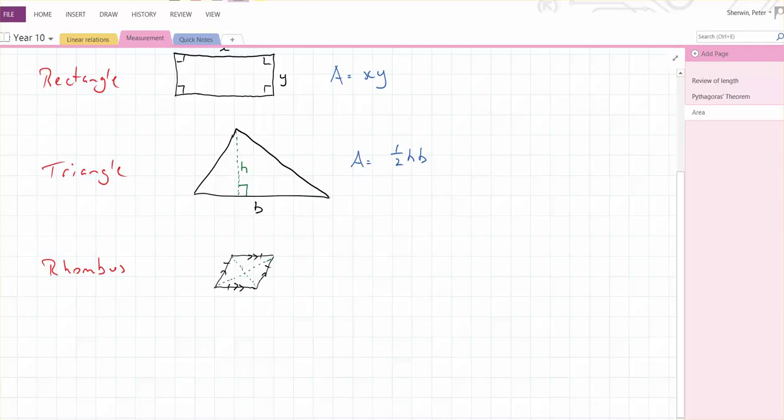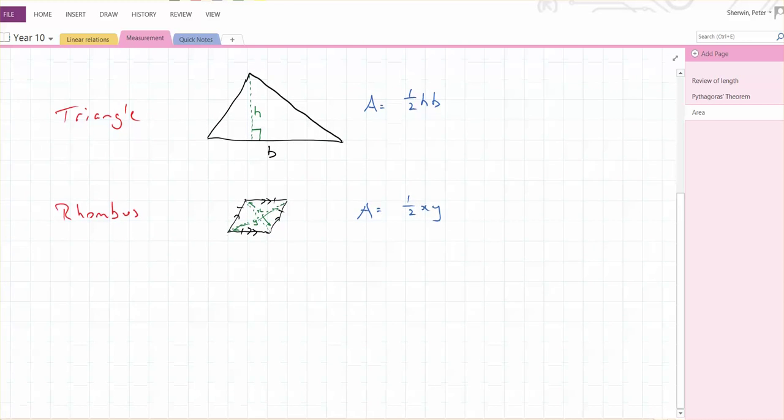So if that diagonal is x and this diagonal here is y, our area is going to be a half xy. So a rhombus, all sides equal, not 90 degrees in here. We need the lengths of our diagonals in order to find the area of the rhombus, and we multiply those diagonals together and divide by 2, half xy.